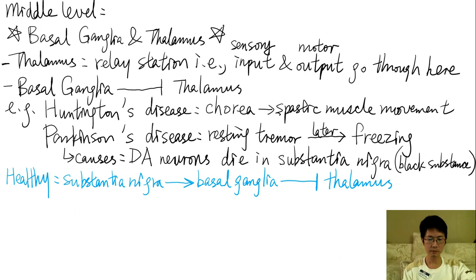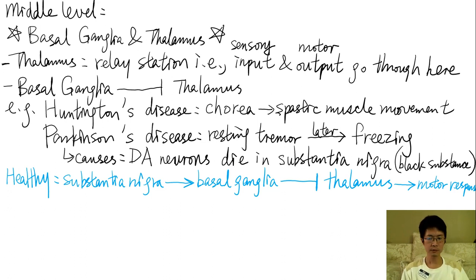And you know that thalamus, it will trigger the, let's say, motor response, because I told you that thalamus is a relay station. So both the sensory and motor information will go through the thalamus. So the motor output also goes through it.